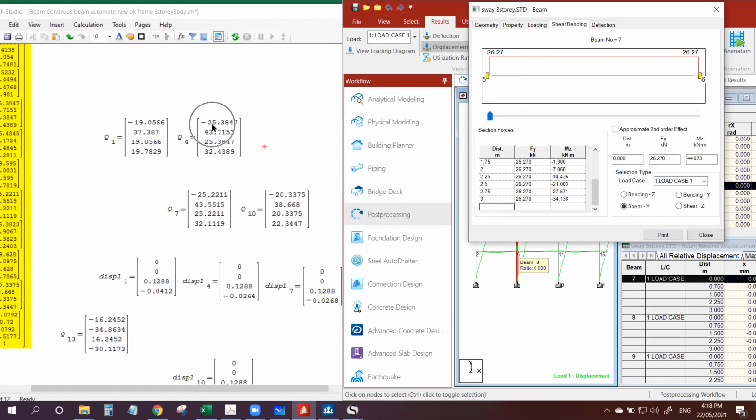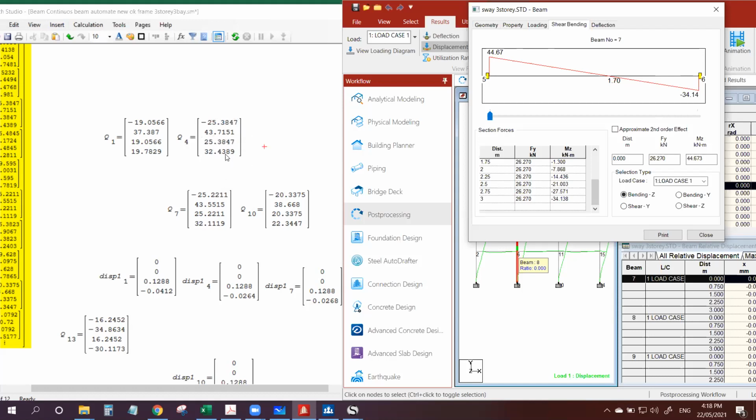My SMAT code, I'm getting 25.4. For the bending, I'm getting 44.34 in STAAD, and for SMAT, 44.32 point something.